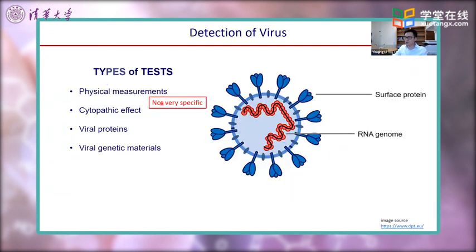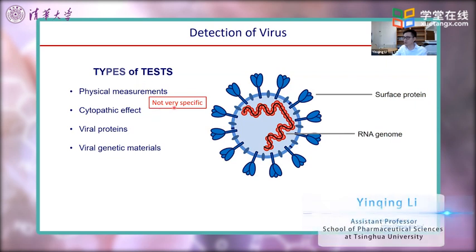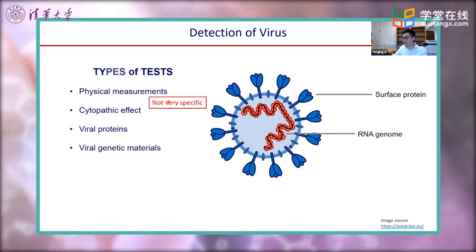Those two methods are cool, but as you can see, they're not very specific, because many viruses look very similar under a microscope, and many viruses can cause the same symptoms in a cell culture. Critically, different strains bear different resistance to drugs, and they can put similar stress on the cell and make the cell show similar phenomena.